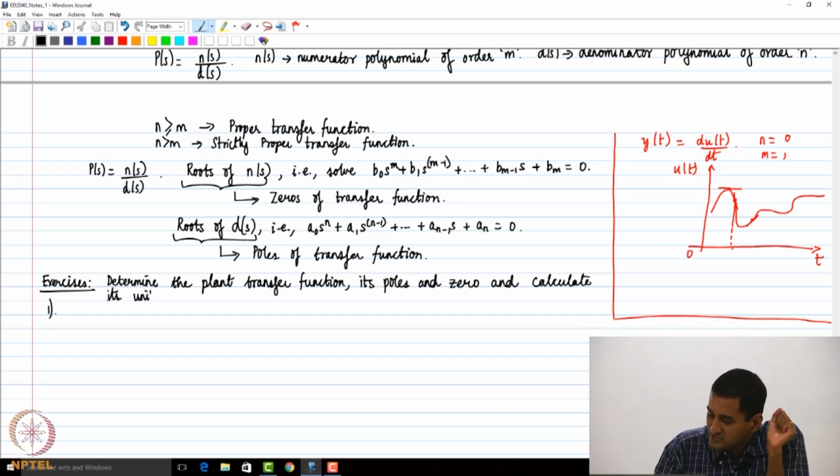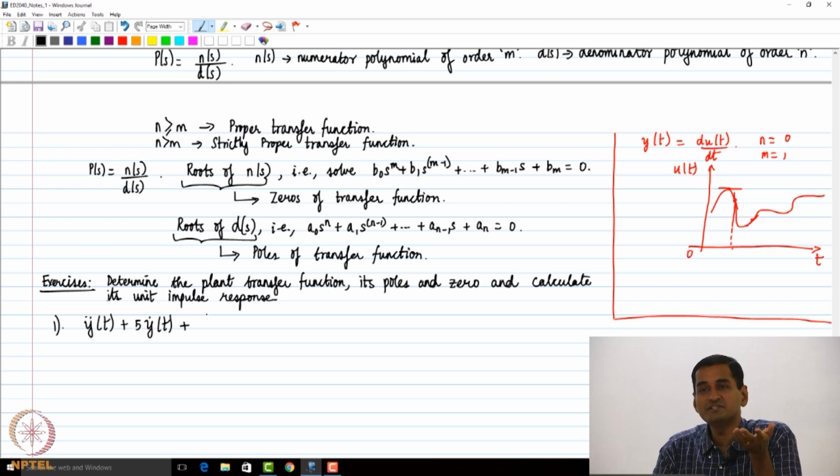Sorry, unit impulse response. Let's keep things simpler; then we'll come to the unit step response. Let me leave you with a few problems. Of course, the moment I say transfer function, you should assume all initial conditions to be 0.